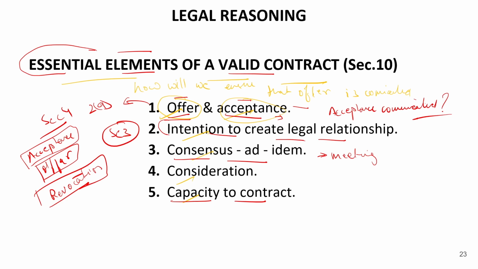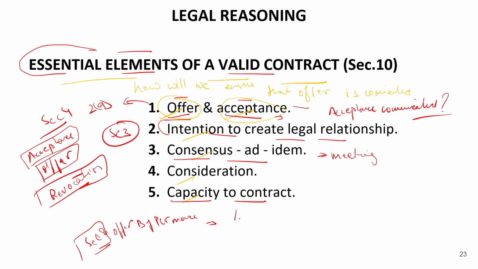Sections 5, 6, 7 are perhaps not very important for your CLAT examination. Section 8 talks about offer by performance. There are two important case laws that we will study in that section.